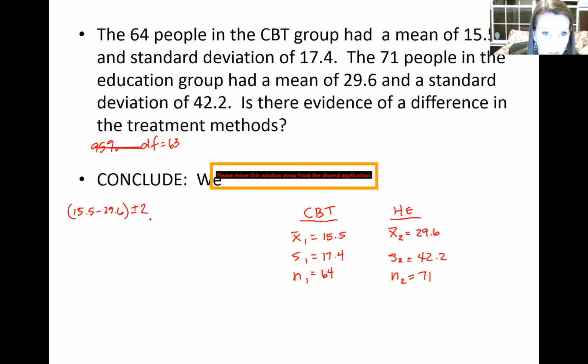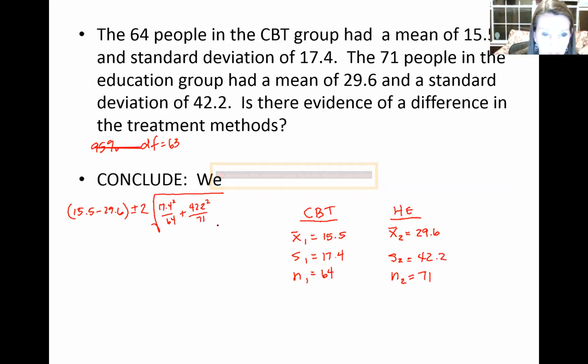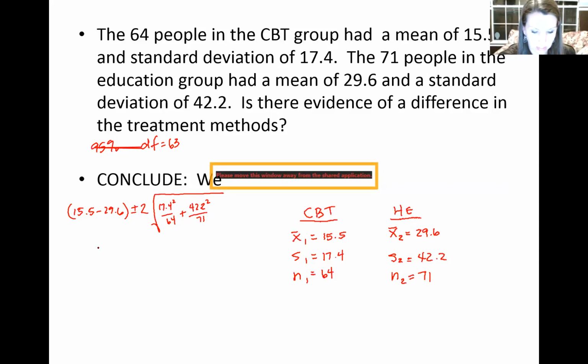Okay, and then it's going to be multiplied by the square root of 17.4 squared over 64 plus 42.2 squared over 71. So working through these calculations, and since some of these are really similar to calculations that we just did, I'm not going to put as many intermediate steps up there as I had before.